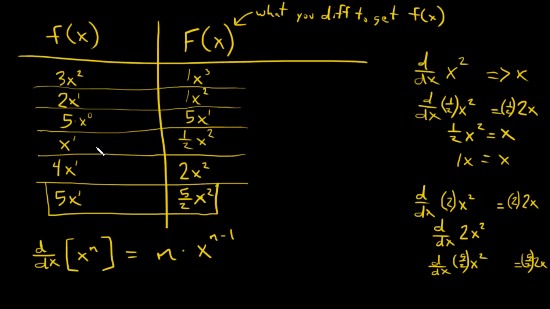Let's see if that holds. If I look at the resultant exponent, which is a 3, and divide by that, this 3 divided by 3 becomes a 1. This 2 right here is my resulting exponent. If I divide the 2 by this 2, I get a 1. If I divide this 4 by this 2, I get a 2. So what's happening? Well, let me clear some space over here.